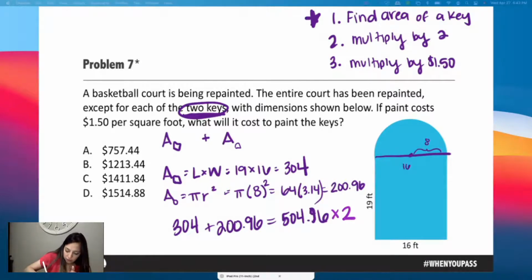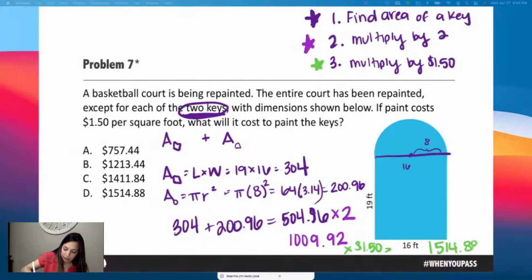And that's going to give me 1009.92. That's the area of both keys. Now I'm going to multiply that times $1.50. And that's going to give me $1,514.88.